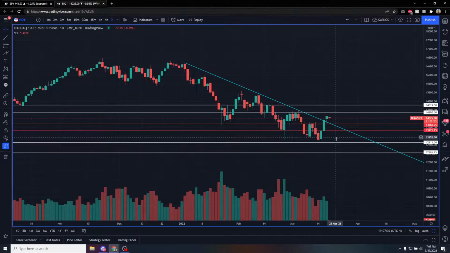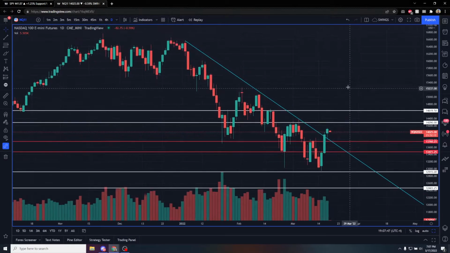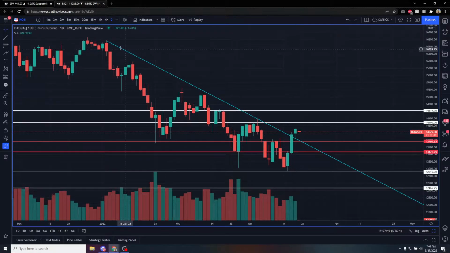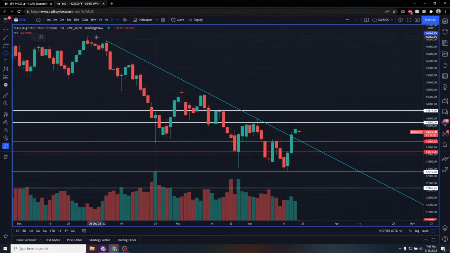But when we have that, we want to look for what we call a breakout. So when we break above the trend line, and what's interesting here, when we gather those lower highs together, so let me get the circle. We have that one here.